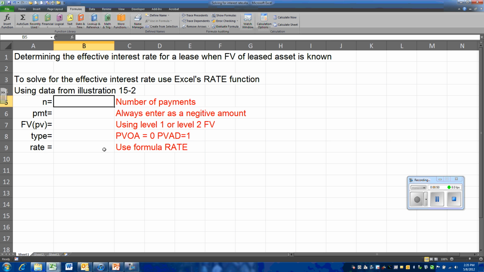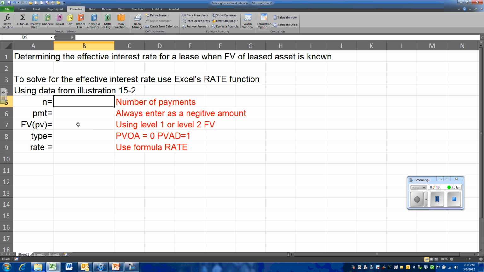So we want to set up our screen so we have a row that signifies N, and N stands for the number of payments that are made over the life of the lease. We will have another row for PMT, which should always be entered as a negative number to designate a cash outflow, and that will signify the lease payment.